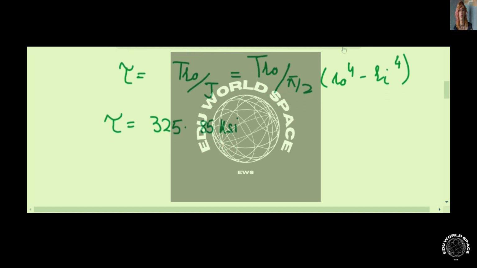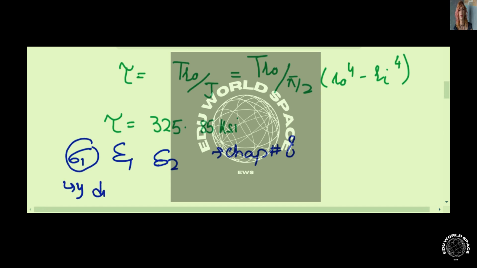Next we have to figure out the direction of the stresses. Looking at the direction of the stresses sigma sub 1 and sigma sub 2, from chapter 8 theory, we see that sigma sub 1 is in the y direction and sigma sub 2 is in the x direction.